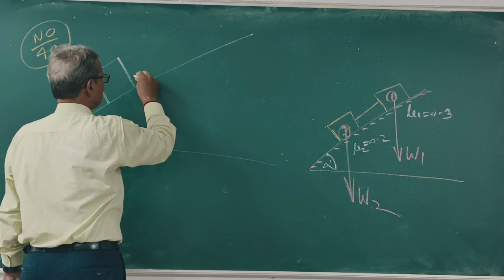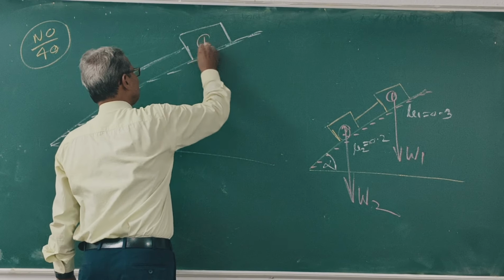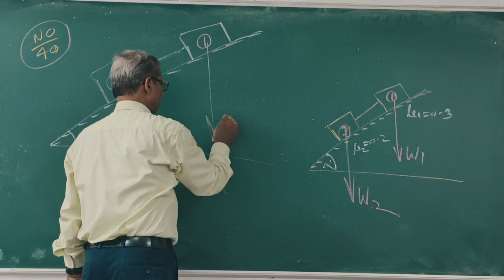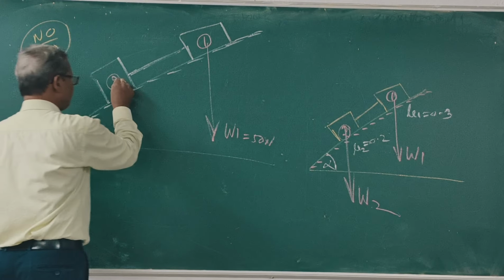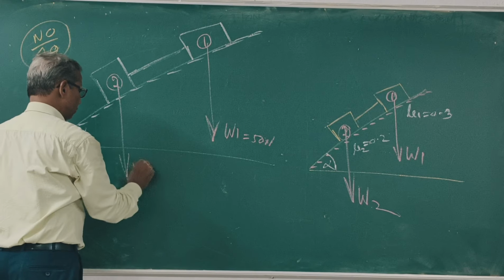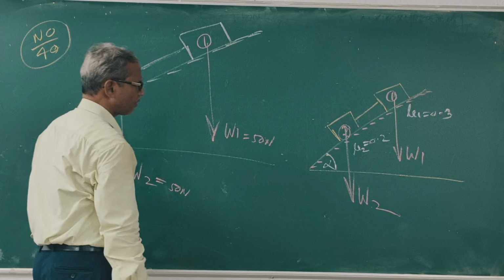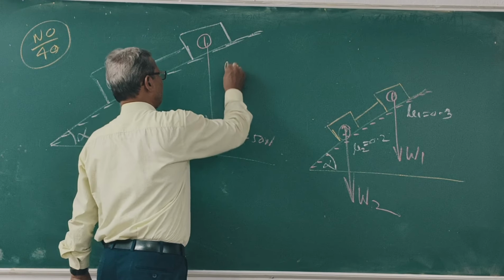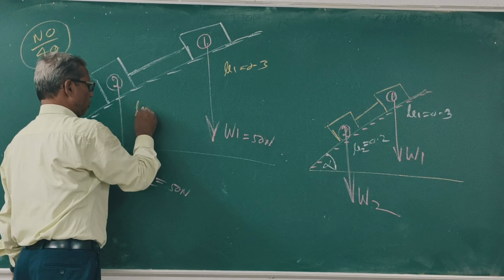This is block 1, this is block 2. Both blocks have equal weight, W 50 Newton. This is W2, 50 Newton. Clear? What is mu 1? 0.3. Here mu 2 is equal to 0.2.